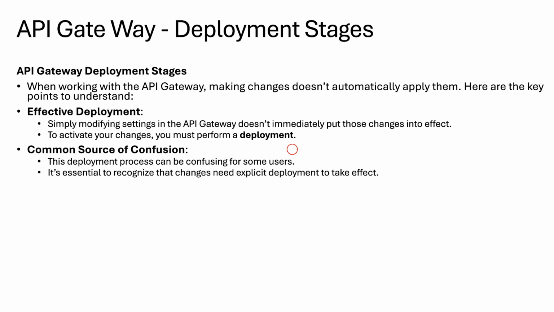And definitely this becomes a common source of confusion. Sometimes I also get confused. Usually I create stages, for example a development stage, testing stage, and production stage. Once I create these stages, I make some changes in them and forget to deploy the changes, and then I wonder why the changes are not working.